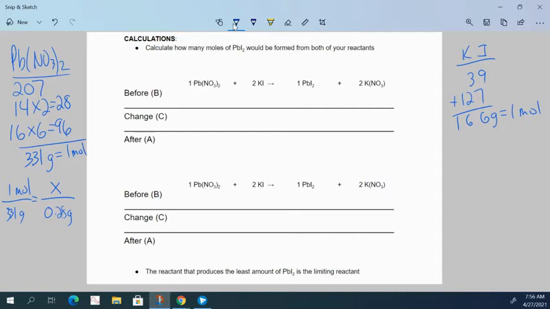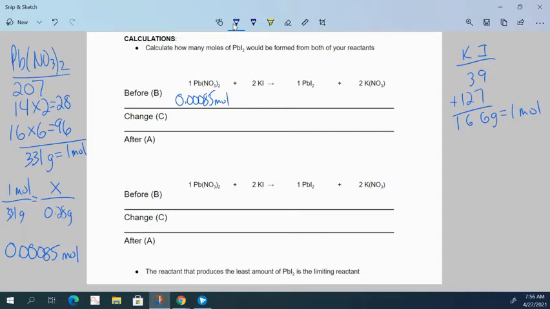Oh boy. And we get 0.00085 moles. Okay, really small number. So I'm going to put that in for the before for the PbNO3. Okay, let's do the same thing for KI.